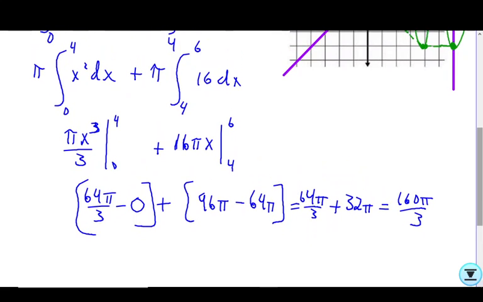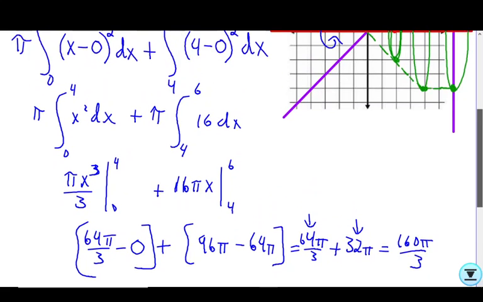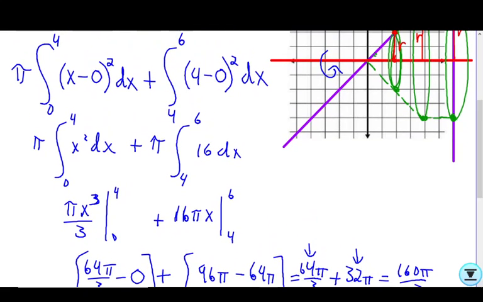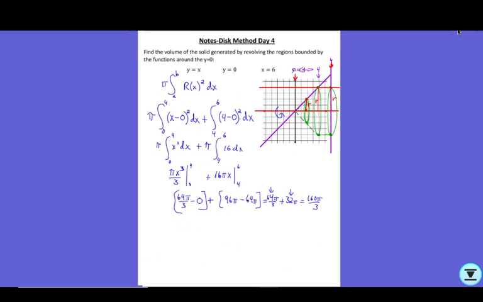Now, we're going to talk about those two values real quick. When I look at this figure that I've created, if you haven't noticed yet, this one from 0 to 4 is nothing more than a cone.